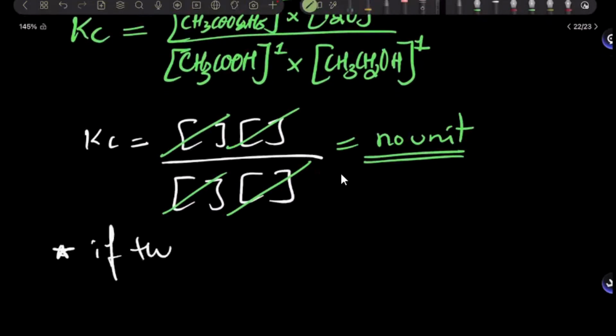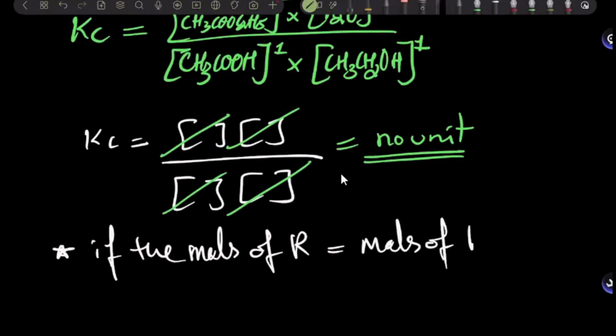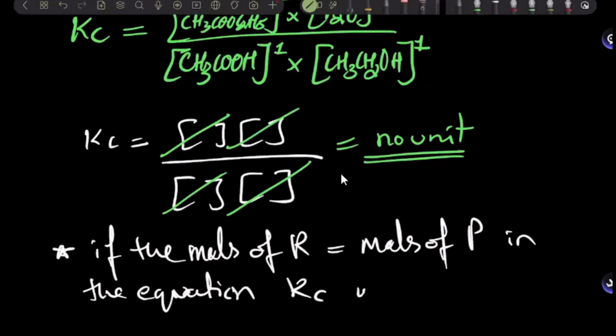If the moles of reactant are equal to the moles of product in the equation, Kc will have no units because their square brackets cancel out with each other.